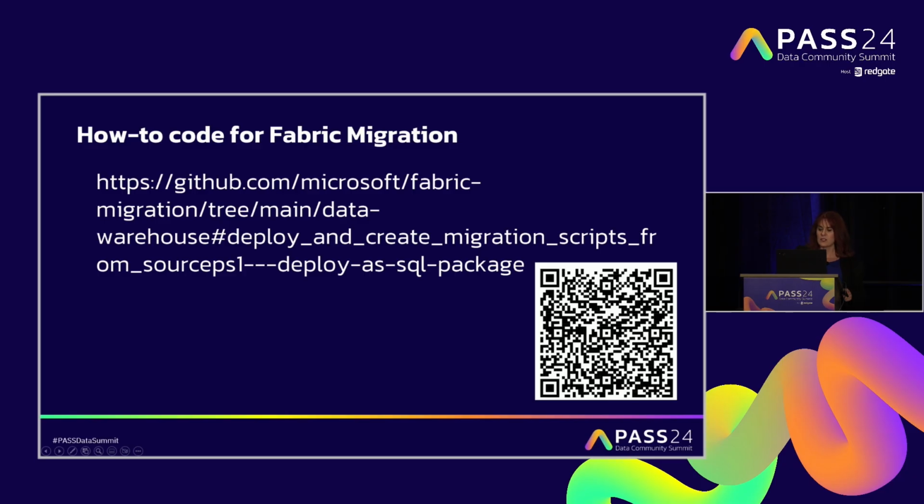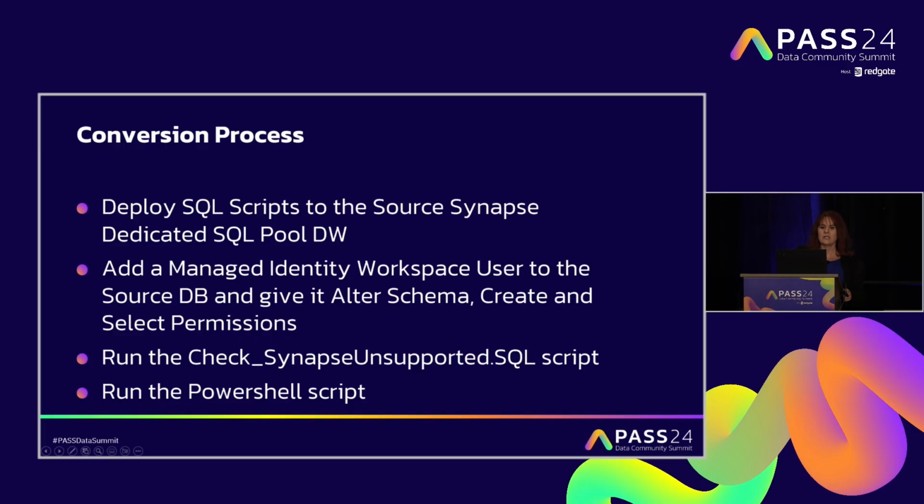So what do you have to do if you want to do this? Well, you're going to need to deploy the SQL scripts that are inside of there to your dedicated SQL pool inside of Synapse. You're going to need to add a managed identity workspace user to the source DB and give it alter schema, create and select permissions.